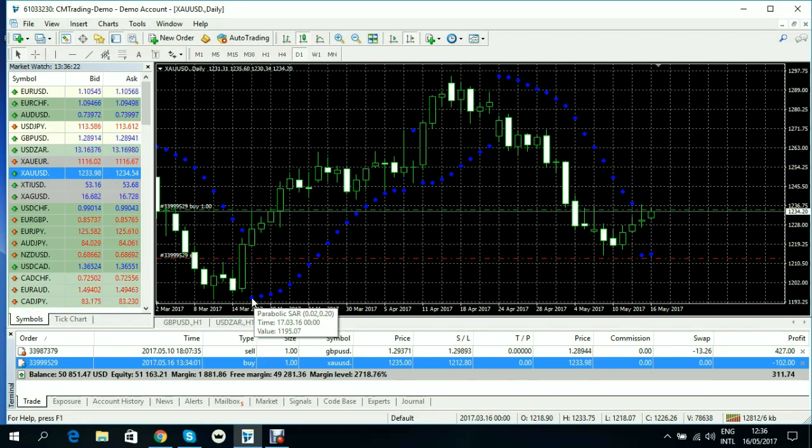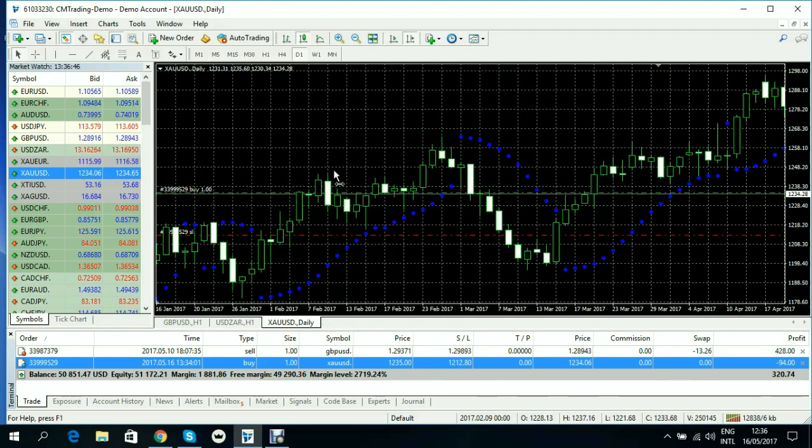So it means that once it reverses against here, then it will continue going down. But it is difficult for the trend to come back anytime there are these dots, when there's this confirmation.